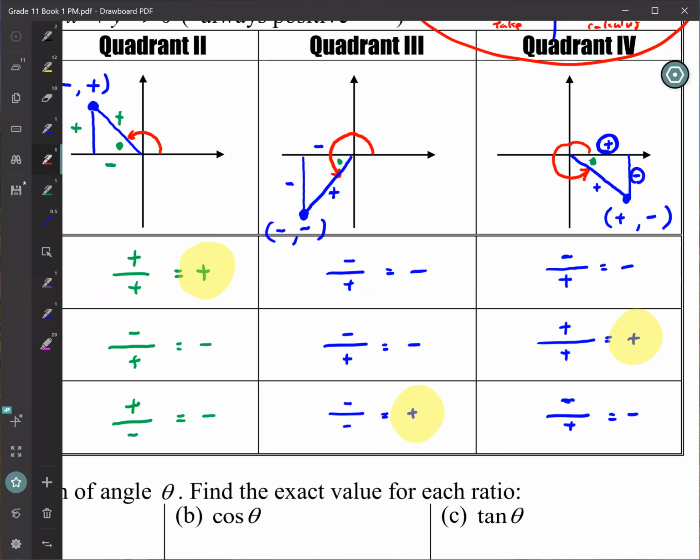In 3 and 4. Yep. Okay, Evan, where is cosine positive? 1 and 4. Yep. Okay, Harry, where is tangent positive? 1 and 3. Yep. Okay, Ivy, where is cosine negative?